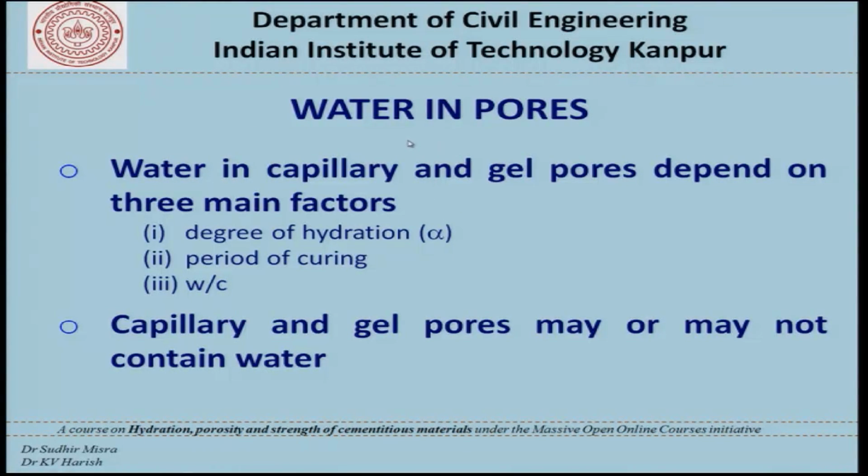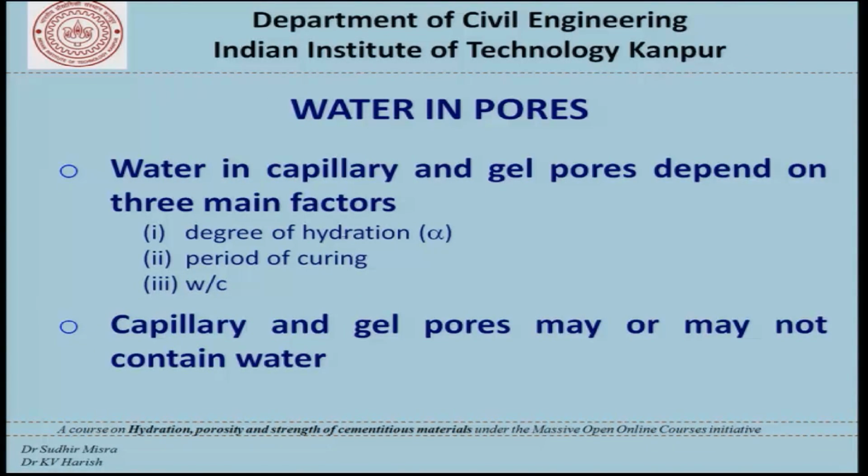Now, what is the speciality of water that is present in the pore? Water in capillary pores and gel pores depends on three important factors: degree of hydration, period of curing and water to cement ratio. Remember, this is water present in the capillary pore and gel pores.